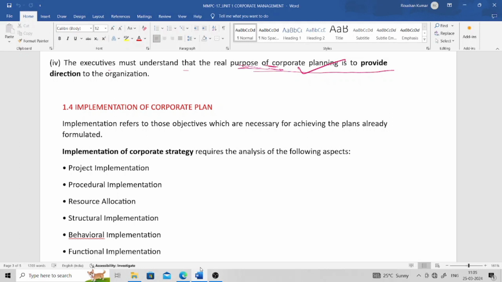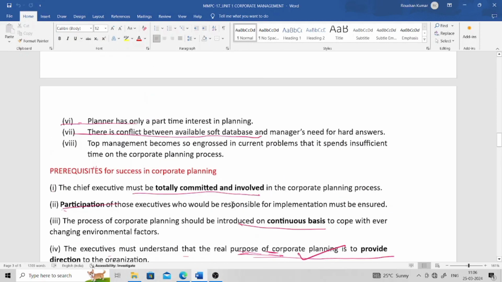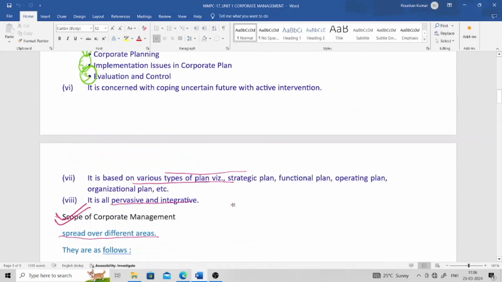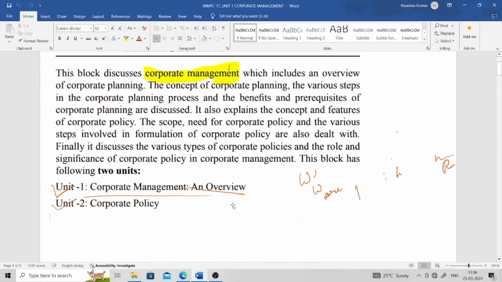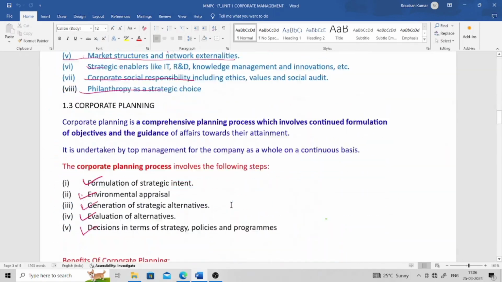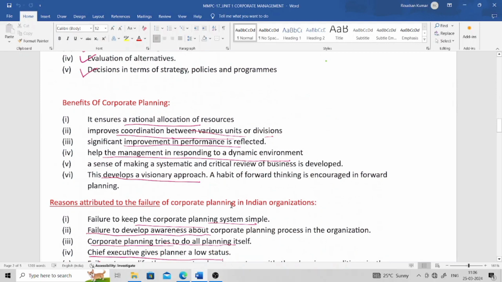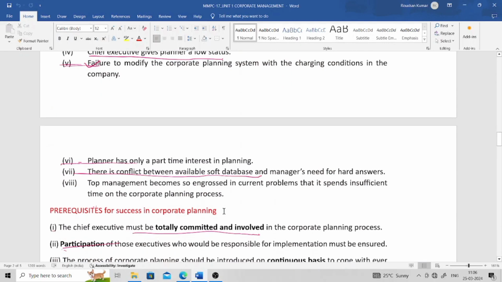So, today in this session, I'm going to talk about the remaining part of the first unit of MMPC 17. In the previous session, I explained the first half of unit 1, and the remaining half I will explain in this one.